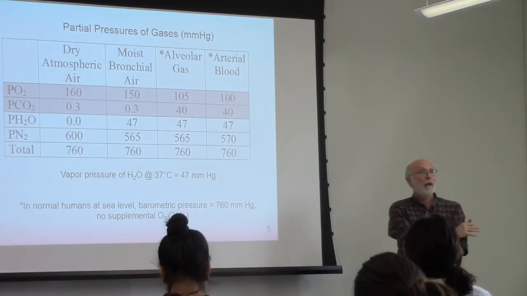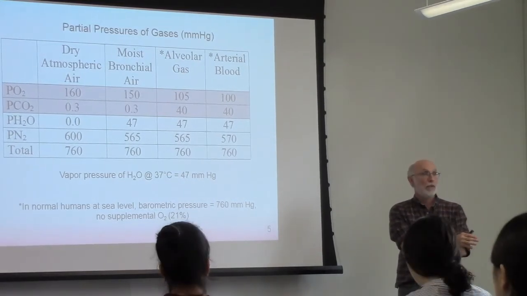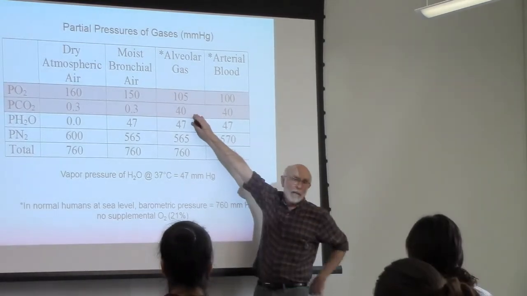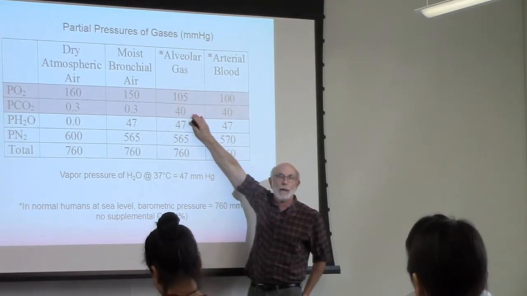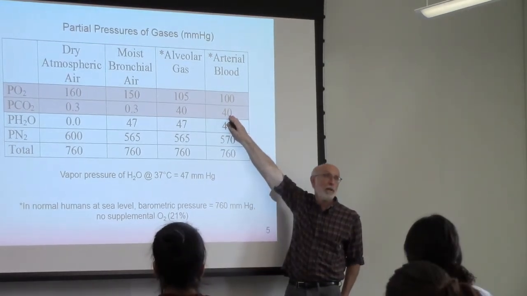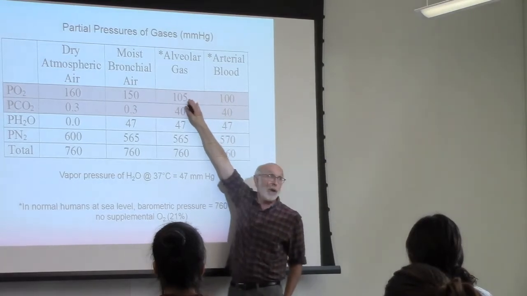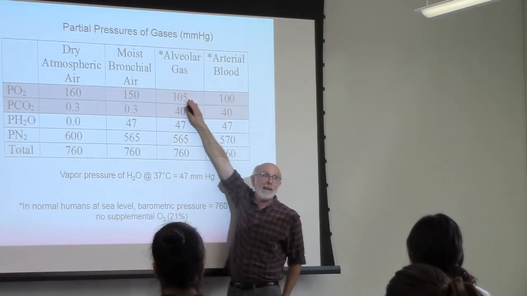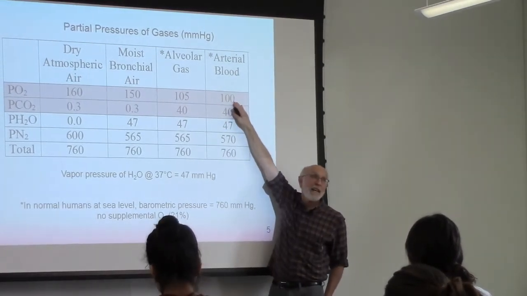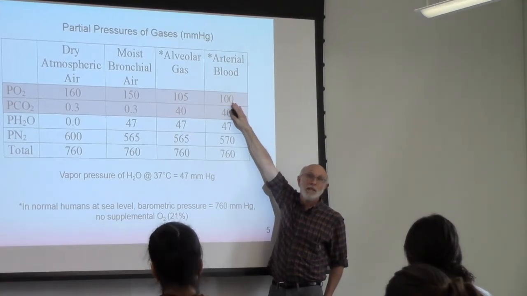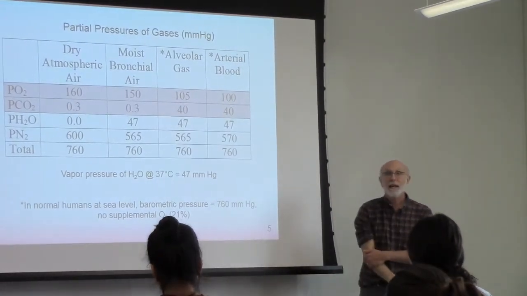So the concept here is that the alveolar partial pressure of CO2 is equal to the arterial partial pressure of CO2. And the alveolar partial pressure of oxygen is close to, but not equal to, the arterial partial pressure of oxygen. Okay? Say that again.